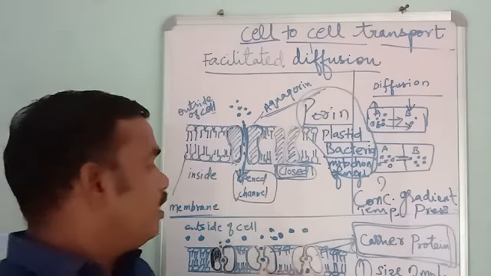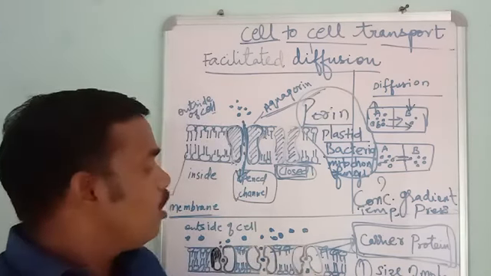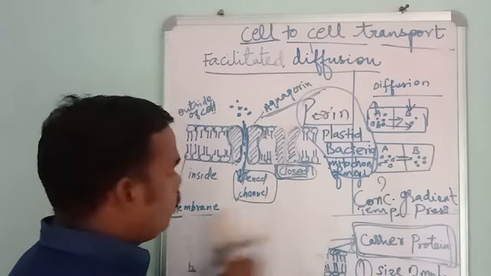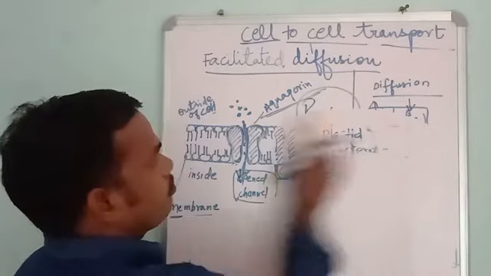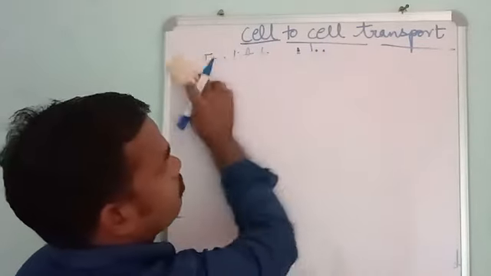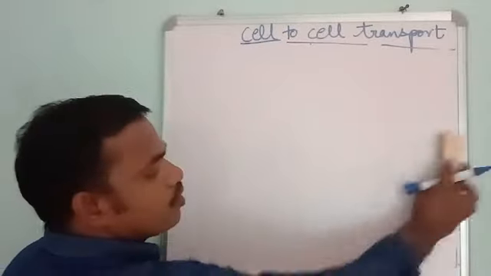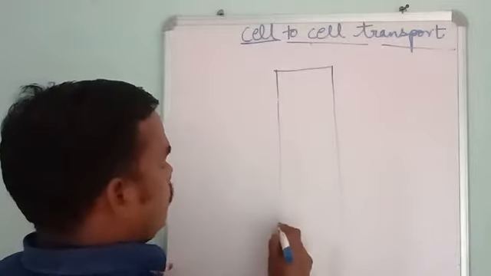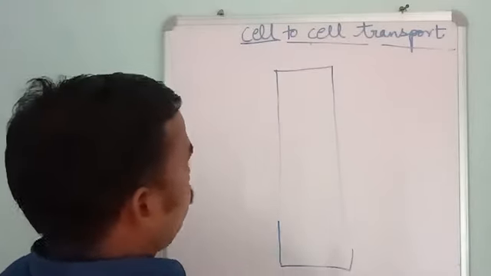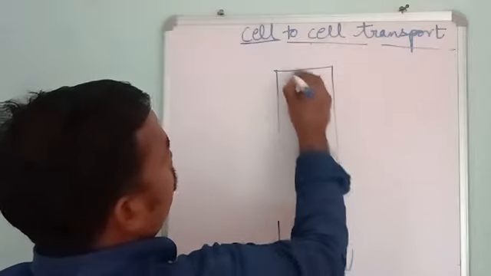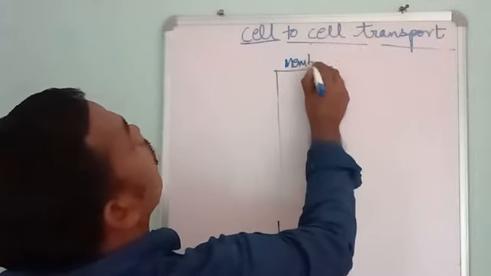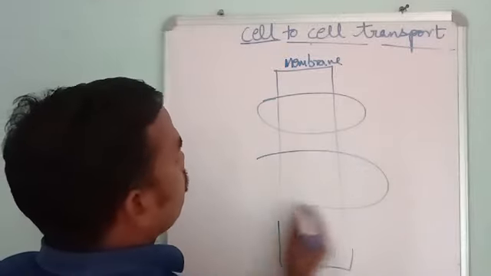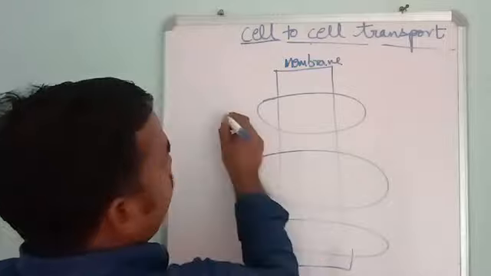Based on the direction of transport of substances by carrier proteins, carrier proteins are classified into 3 categories: number 1 is uniport, number 2 is symport, number 3 is antiport. Consider this is a membrane and this is a carrier protein.